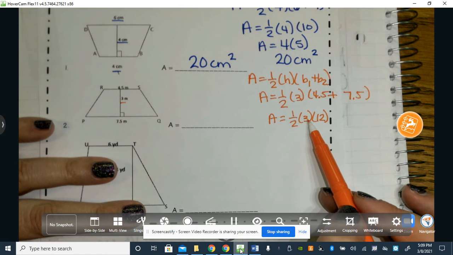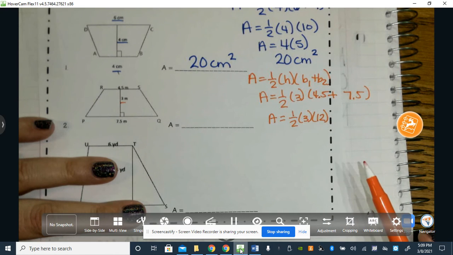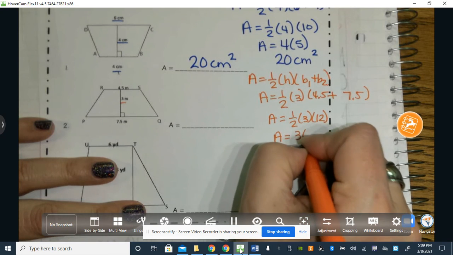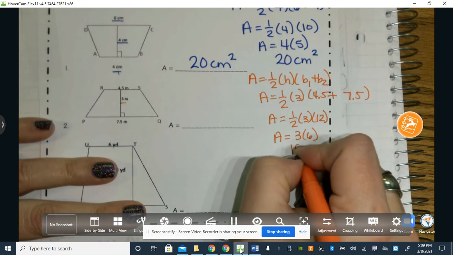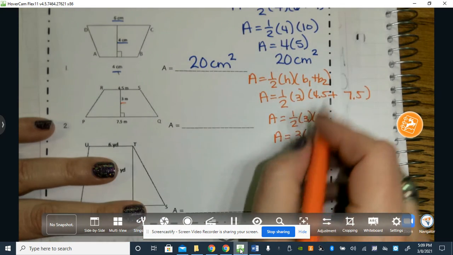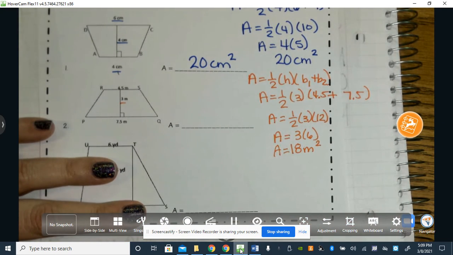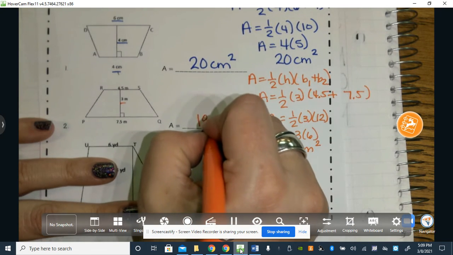Here I'm going to half that 12 because that will make it 6. So area is equal to 3 times 6, which gives me 18. My unit of measurement is meters, and it's squared. So my area is 18 meters squared.